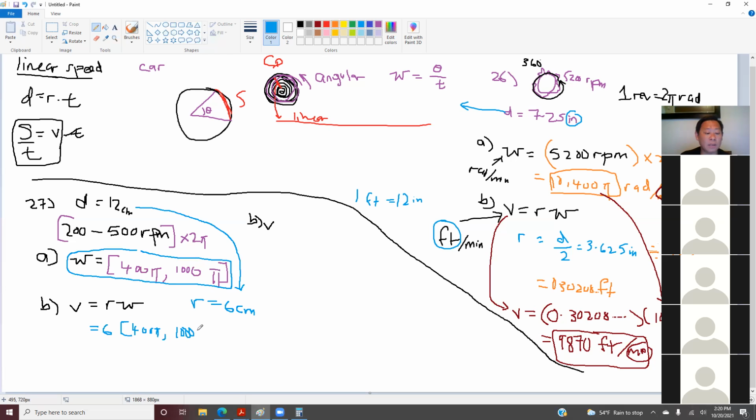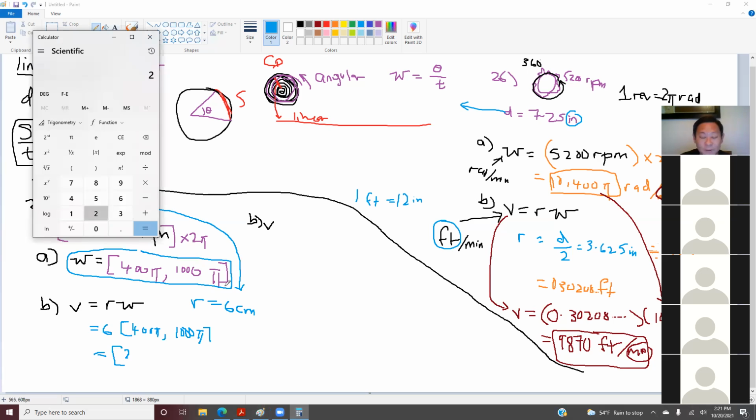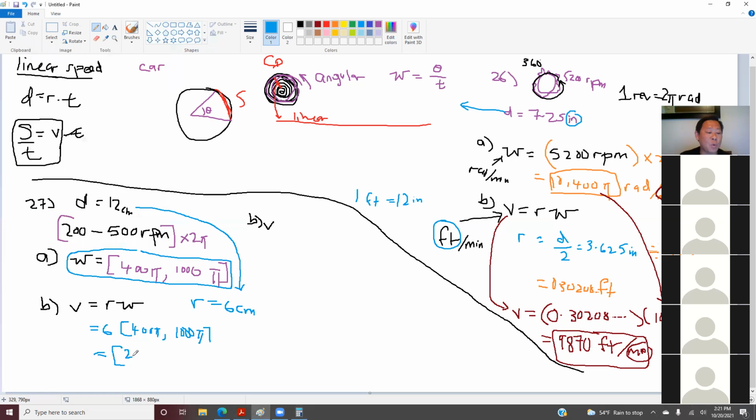So can someone tell me what is your linear speed in this case? Between what numbers? 2400 times pi, right? Instead of that, we can also write this as just 2400 pi to make it nicer, and 6000 pi, because the pi is the one that makes it all icky.